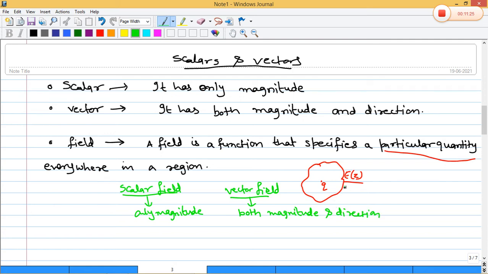So if this field is a scalar field, then it has only magnitude, no direction. But if this field is a vector field, then it has magnitude and direction both.